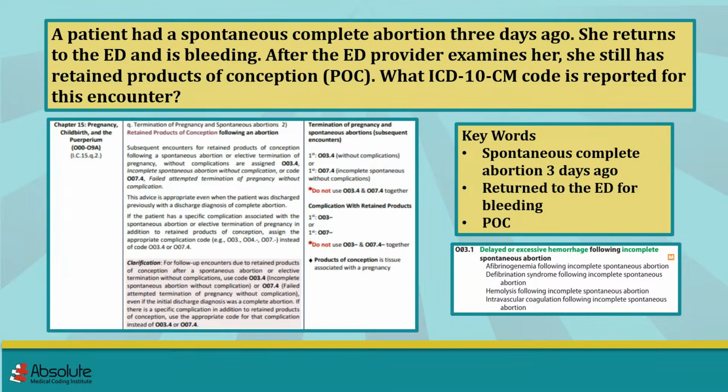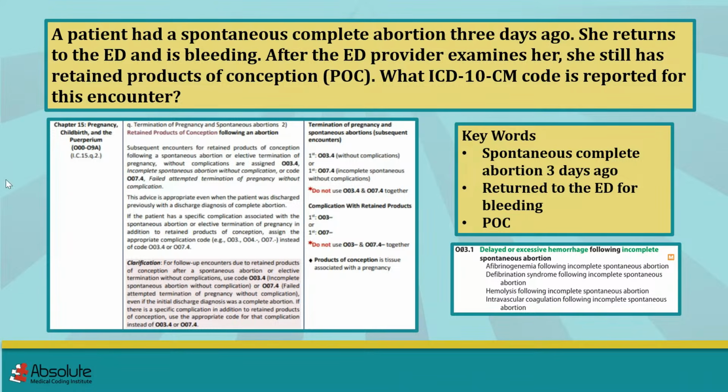So that definitely applies 100% to this scenario, because in the beginning it says that there was a complete abortion 3 days ago, and then she's returning because she has that POC, the products of conception. So even though the complete was reported, we're still going to use that category O03 for the spontaneous abortion because she is returning for the POC.